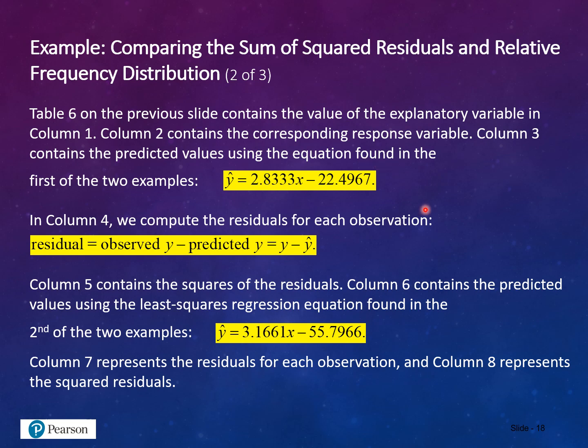We then computed the residuals: the observed data we actually had, minus the linear prediction. Column 5 contains the square of those residuals, and column 6 uses the least squares regression. This is the second of the examples, a different linear equation, using the least squares regression equation that we just learned about and have gone through several examples.